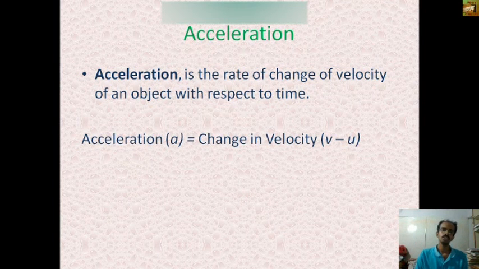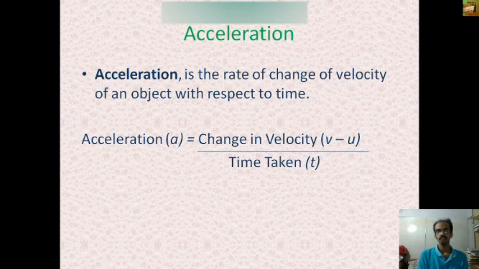Acceleration can be found using the formula change in velocity divided by time taken, that is final velocity minus initial velocity divided by time.